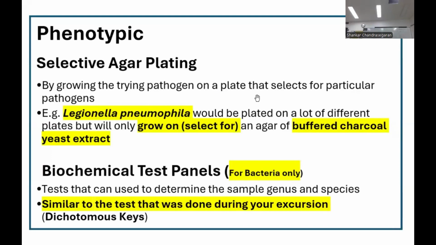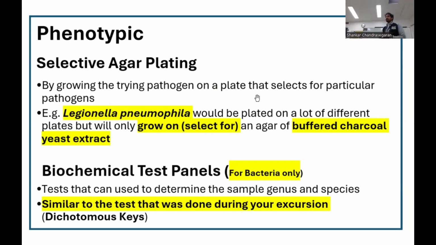For example, let's say we have a sample of Legionella, this pathogen right here. This pathogen will only ever grow on a buffered charcoal yeast extract plate. So if we don't know what this pathogen is, we just have that sample getting people sick.